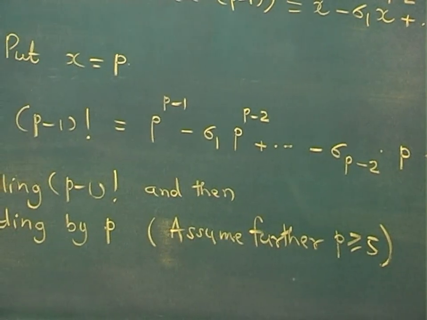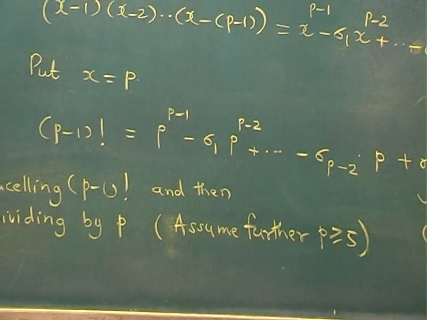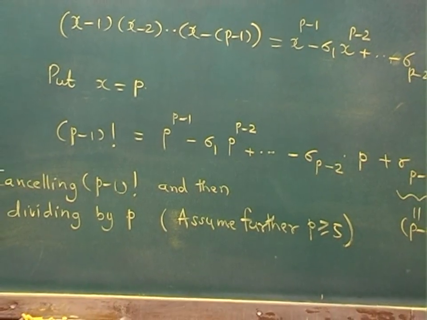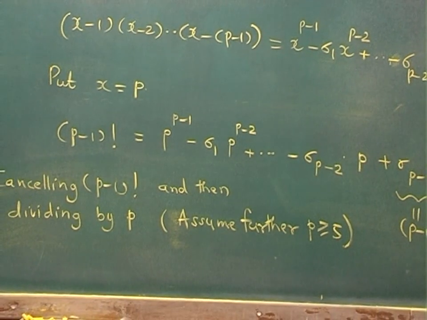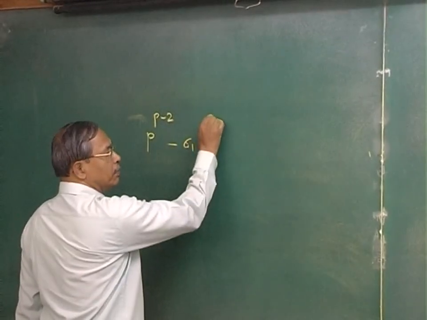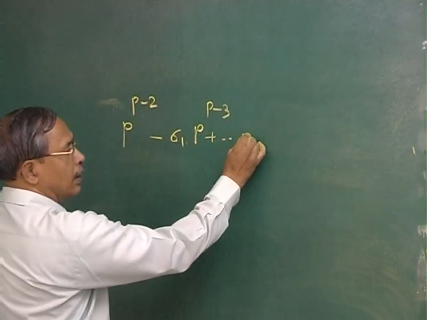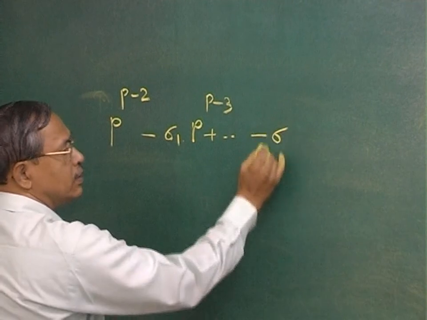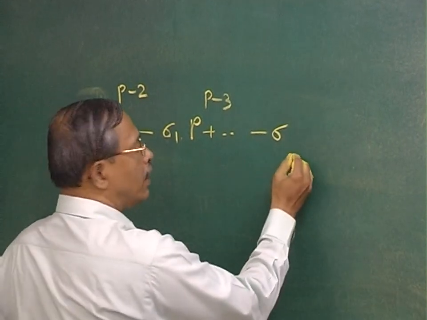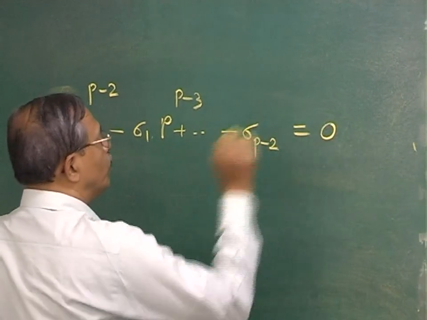See what you get. So p raised to p minus 2 minus sigma 1 p raised to p minus 3 plus etc. minus sigma p minus 2, that is equal to 0.